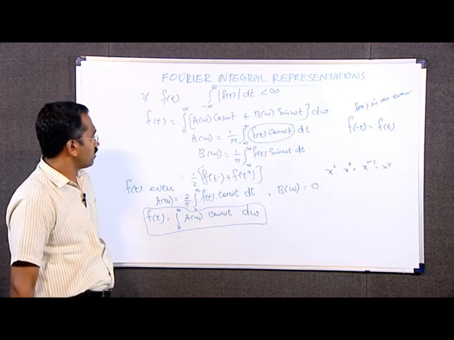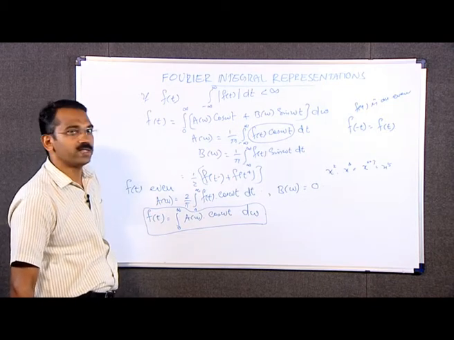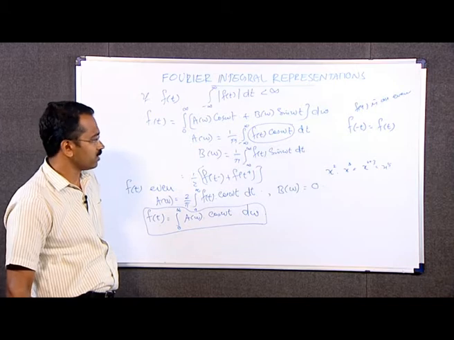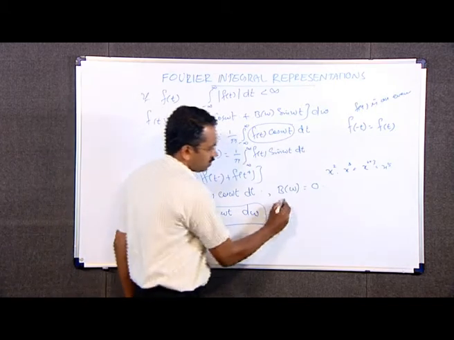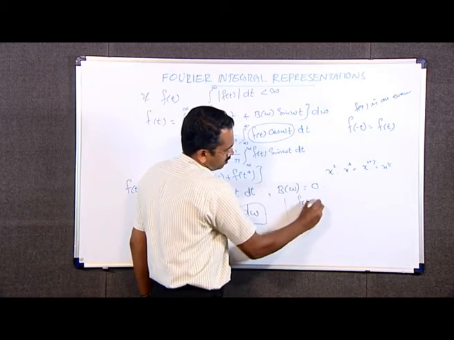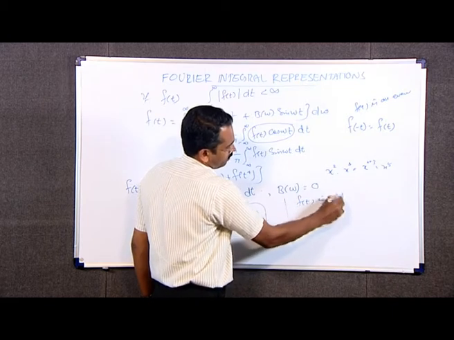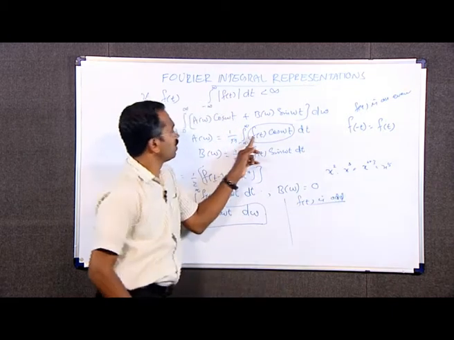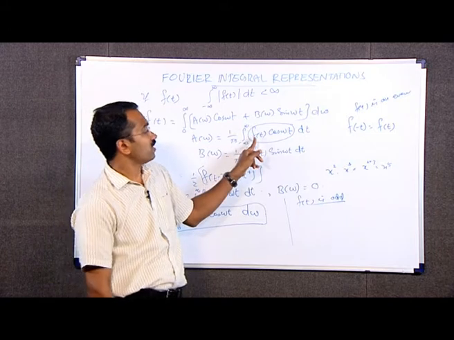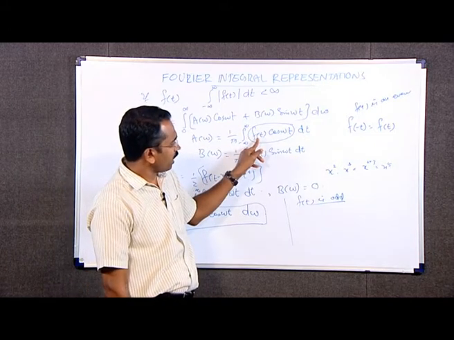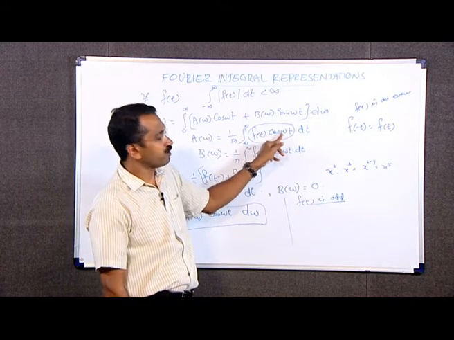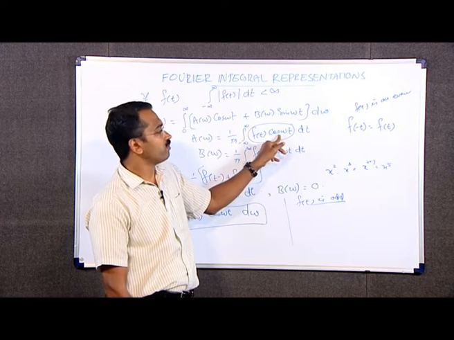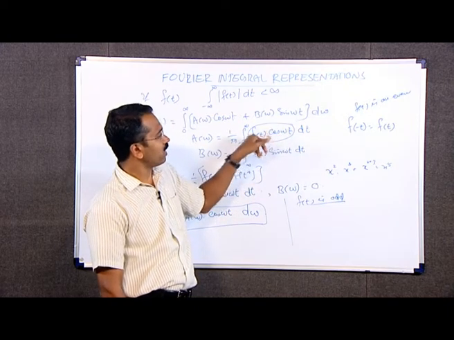Now, consider f of t as an odd function. In which case, f of t is odd, so this integrand will become an odd function into an even function, which will become odd.